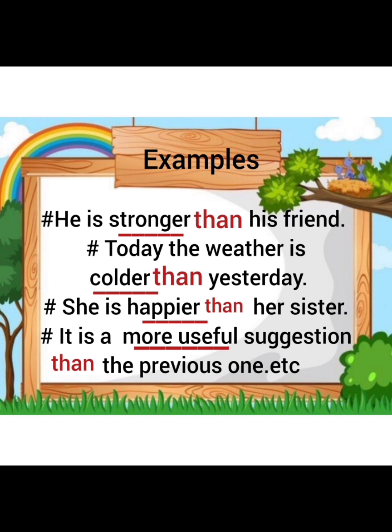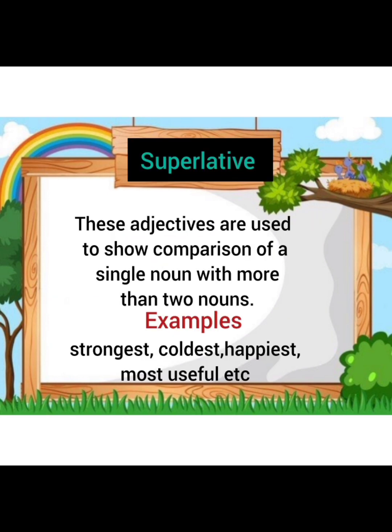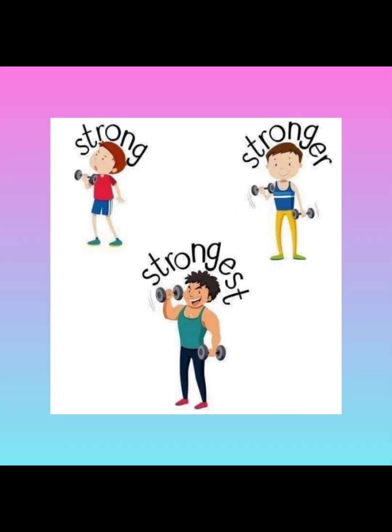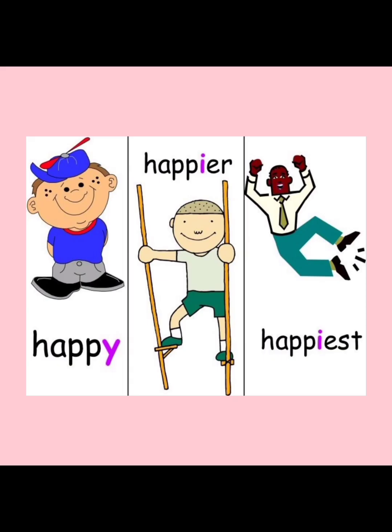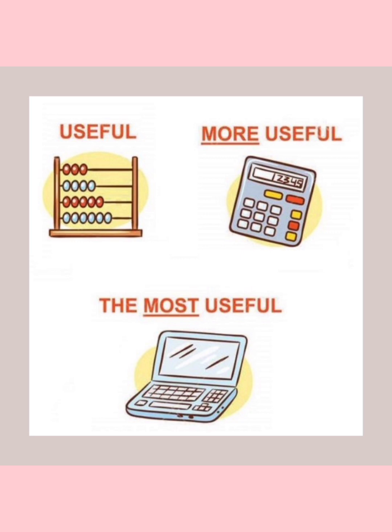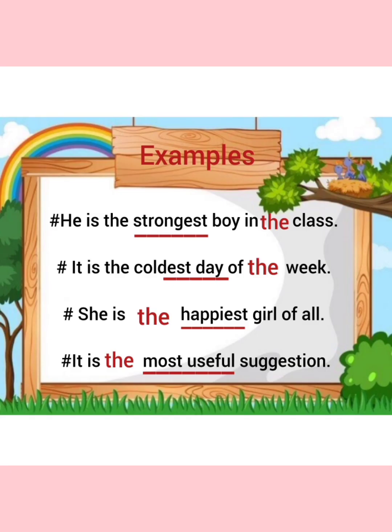Now it's the turn of superlative adjectives. These adjectives are used to show comparison of a single noun with more than two nouns. For example, strongest, coldest, happiest, most useful, etc. For example, he is the strongest boy in the class. Here the strongest is the quality of the boy and he is compared with the whole class.